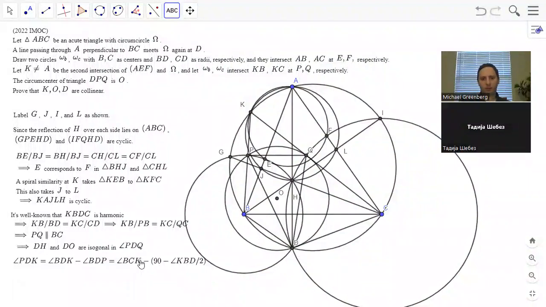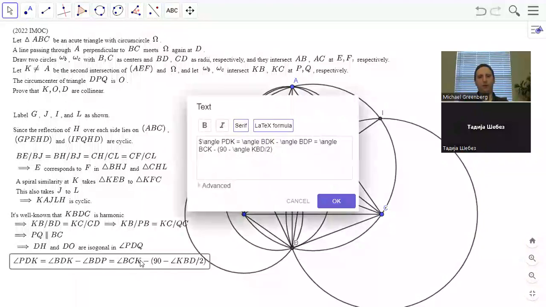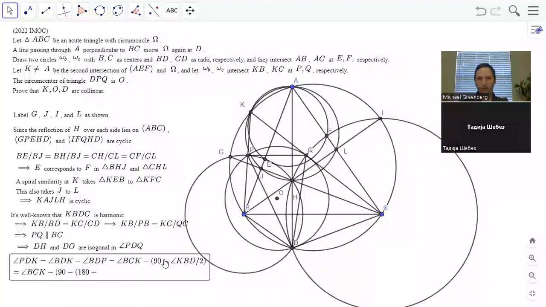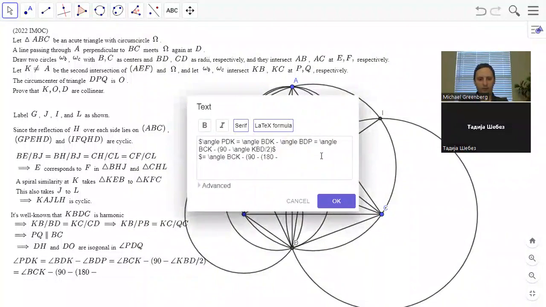Okay. KBD is just 180 minus KCD, which you split up into KCB and BCD. Okay, so this is angle BCK minus 90 minus 180 minus KCD over KCB over 2.